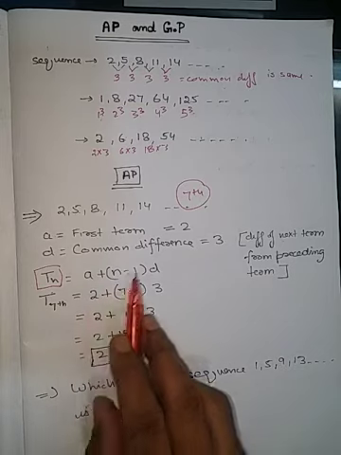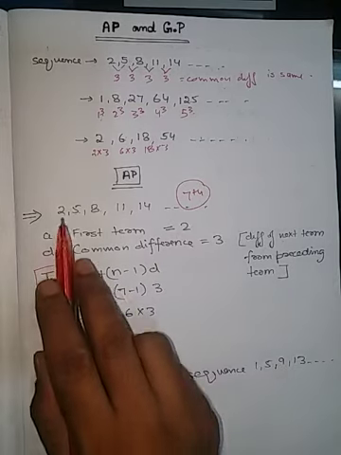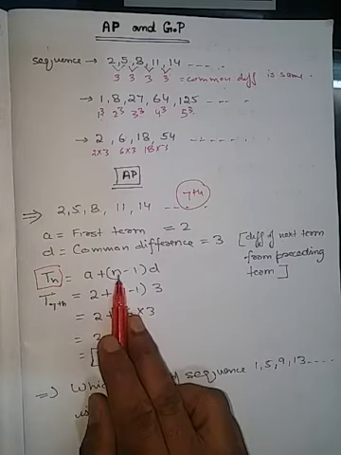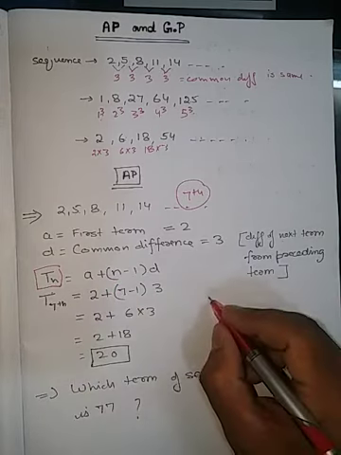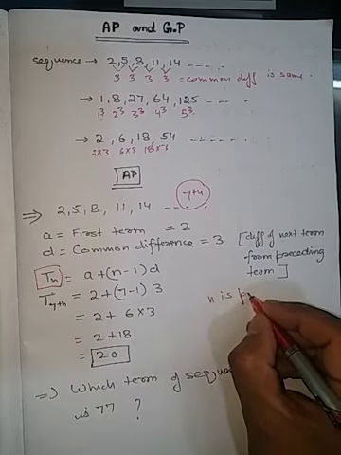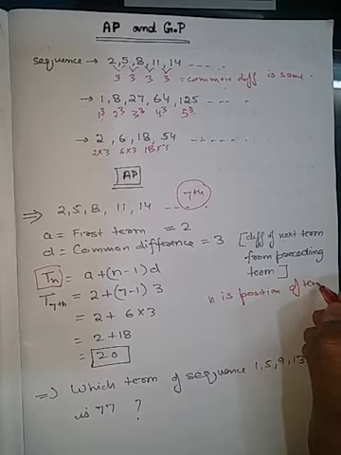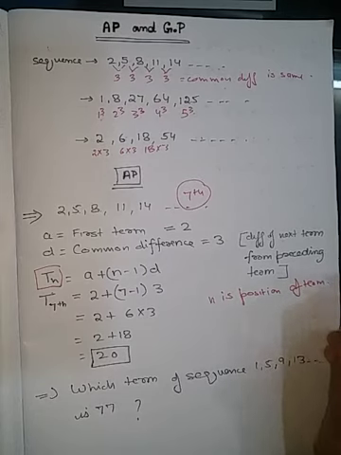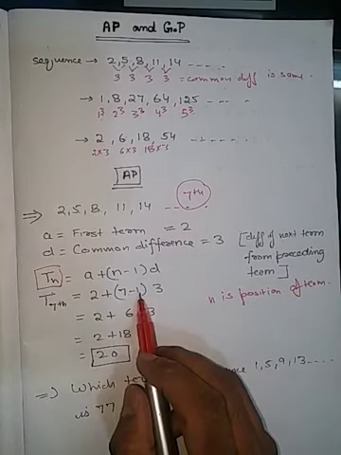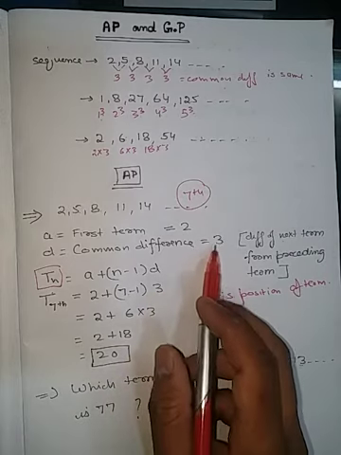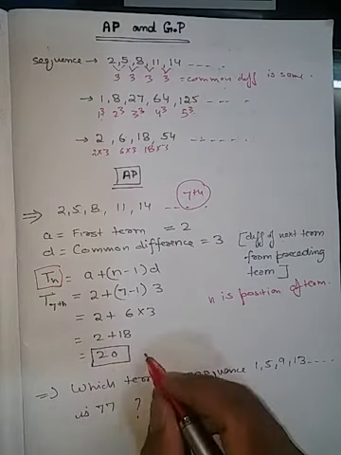A is the first term, put the value of a. N is the position of the term which we have to find. So n is 7, and n minus 1 is 7 minus 1, into the common difference. What is the common difference we have found? Now solve it, we get 20.